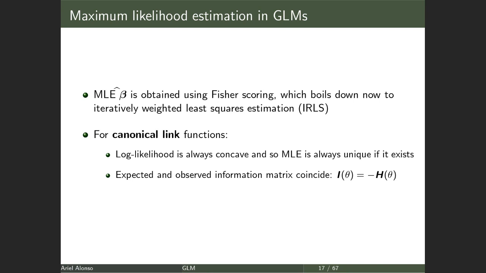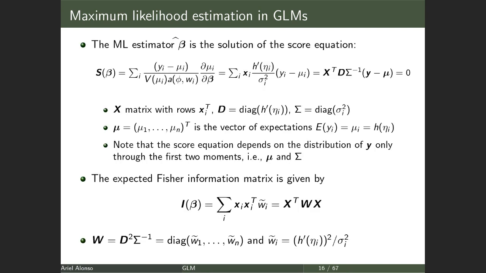Well, essentially, what you can show mathematically is that when you apply Fisher scoring to solve this problem, it's like you're creating some pseudo data, and this pseudo data satisfy a linear model, and solving these equations is in some way like using weighted least squares.